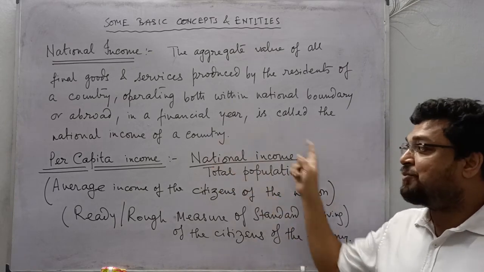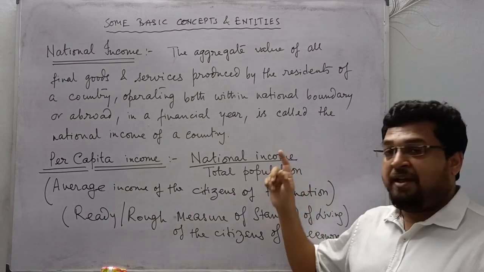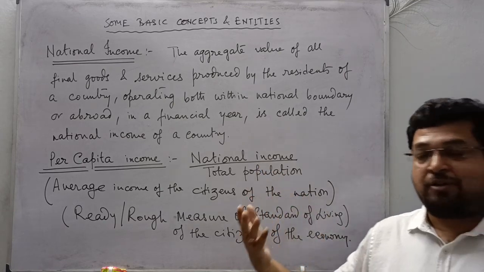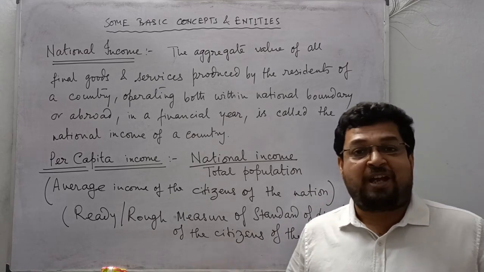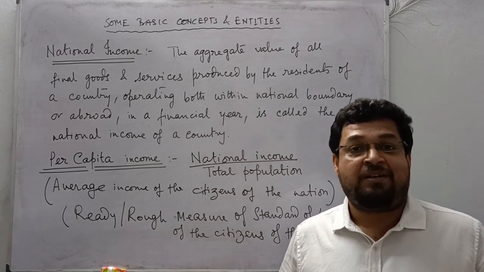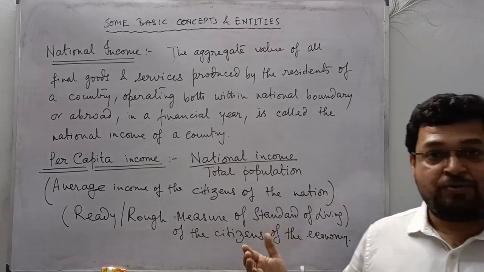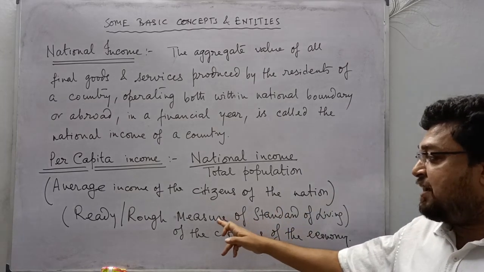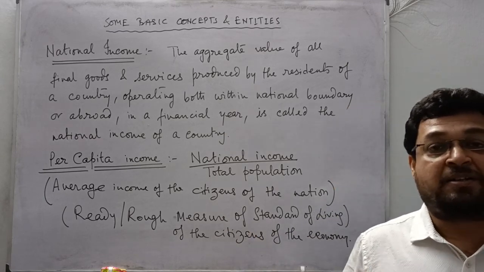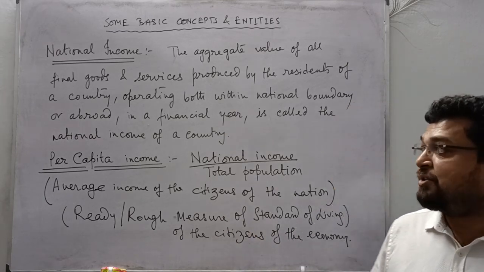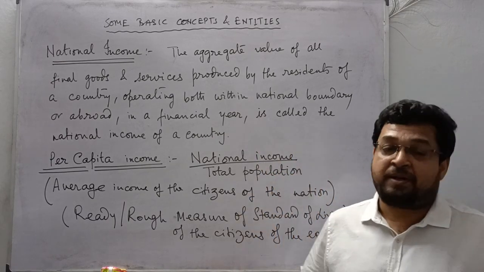You need to know the definition of per capita income. It's a rough and ready measure to get an idea of the standard of living, what standard the country is maintaining. So that's about the definitions of national income and per capita income.